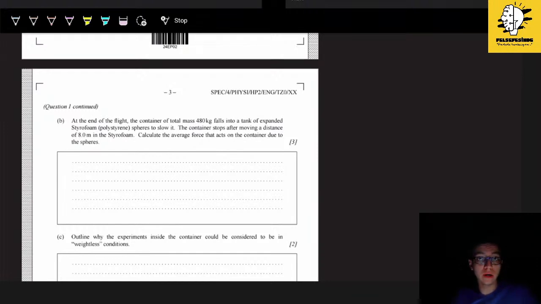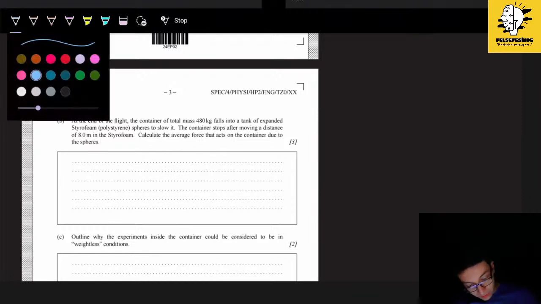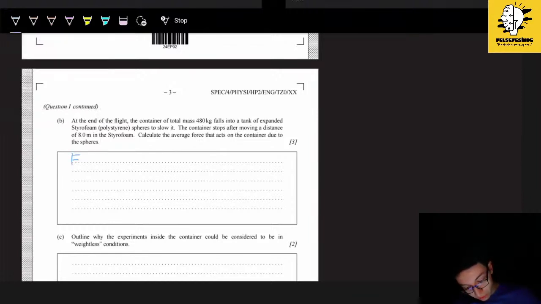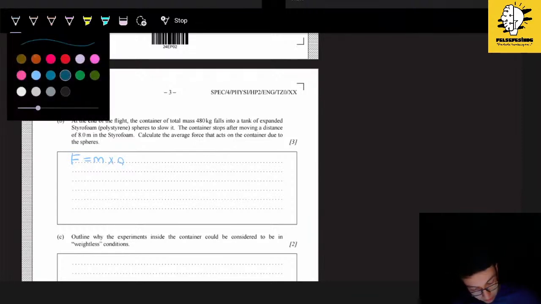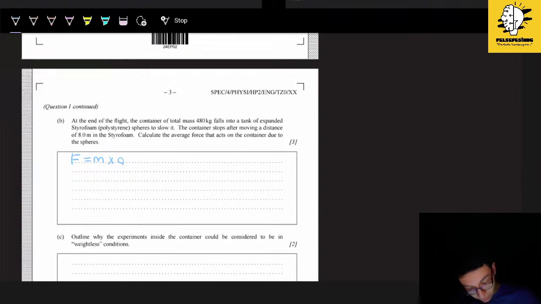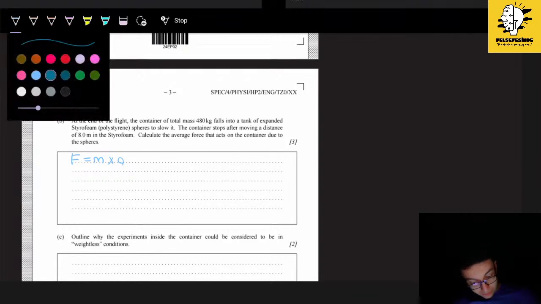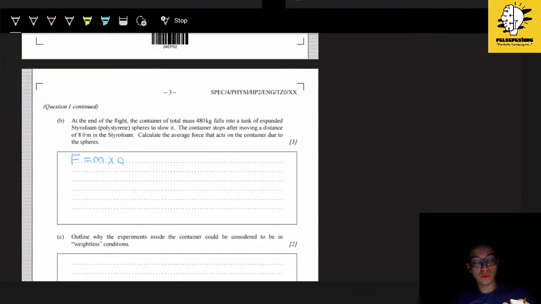If we are asked about the average force, definitely we are going to use Newton's second law of motion, F is equal to m times a, and we have to calculate firstly the acceleration that it will go through while doing that.